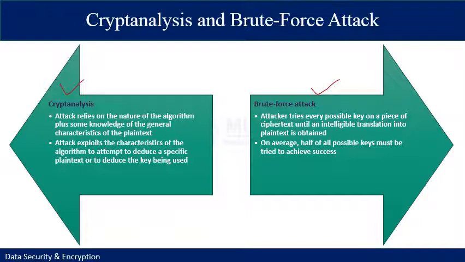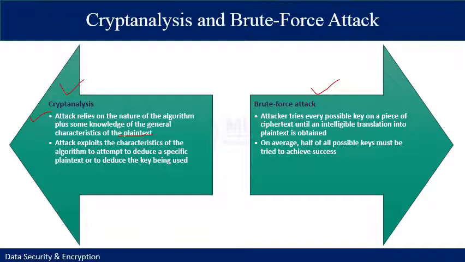A cryptanalysis attack relies on the nature of the algorithm plus knowledge of the general characteristics of the plain text. That means the attacker knows the actual working of the algorithm and predicts some of the plain text, what kind of information is being transferred, and with that help or prediction he can try to reach the actual information.